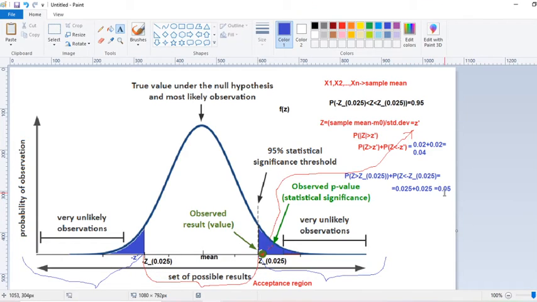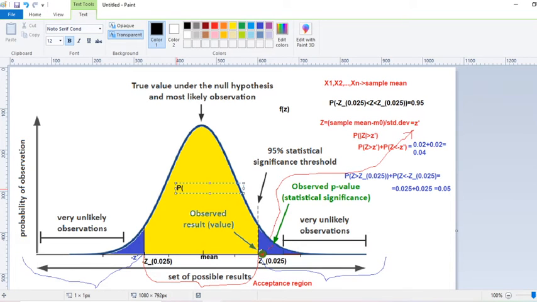So this is 0.025. But what is the area of this? Let us put another color. What is the area of this yellow region? That is actually the probability of minus z 0.025 less than z less than z 0.025.